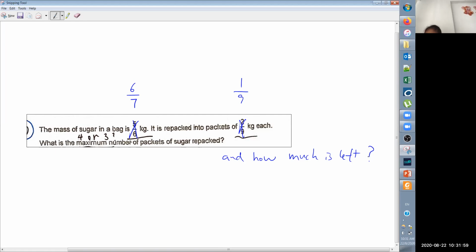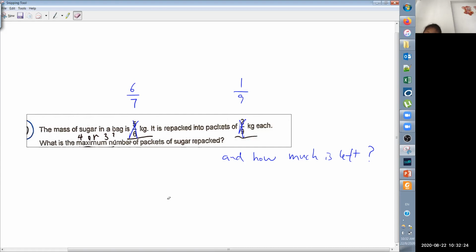7 packs, 7 bags. And how much is left? So what's your answer? Can you write your answer somewhere here? I think you can write, right?